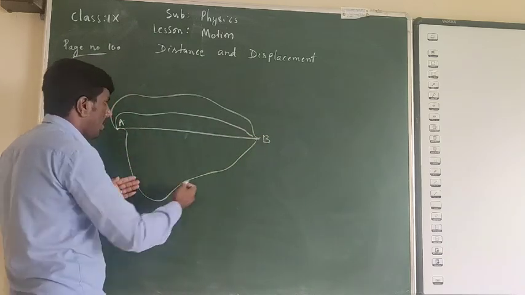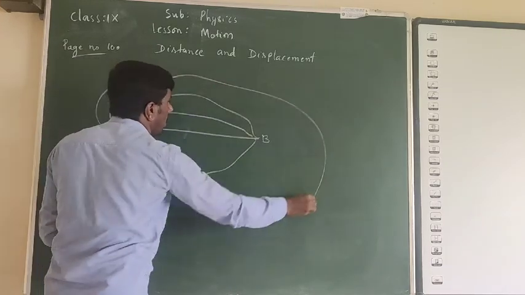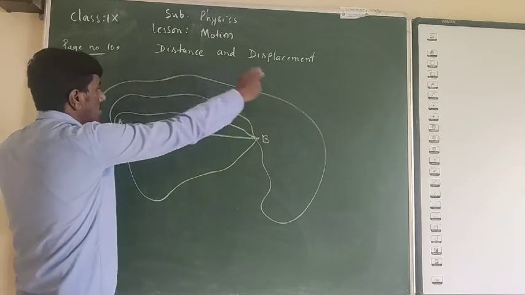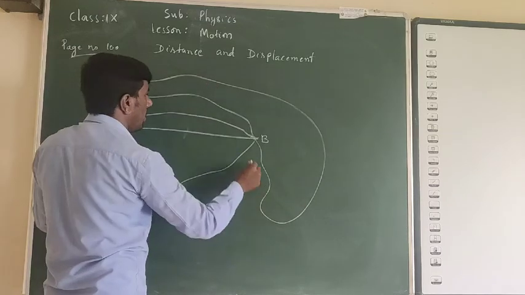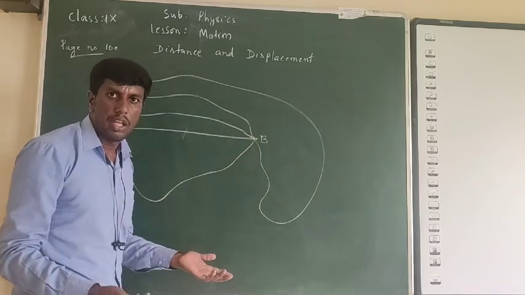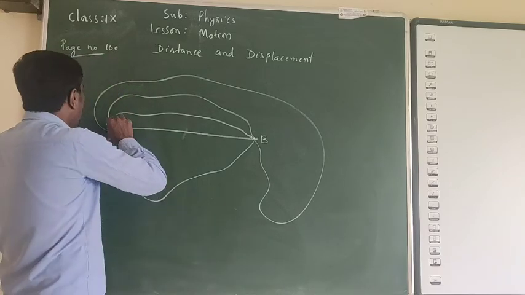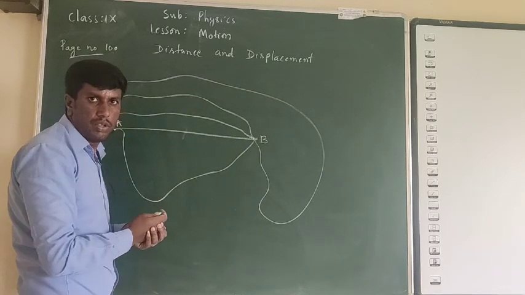I can travel by this path also, or come like this. This is also a distance. Suppose we travel from point A like this and come back to this point. It is a distance. That is the length of the distance you have covered.